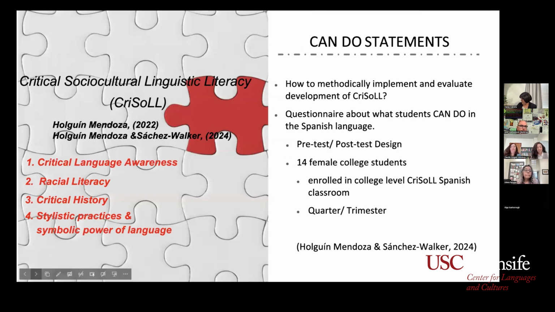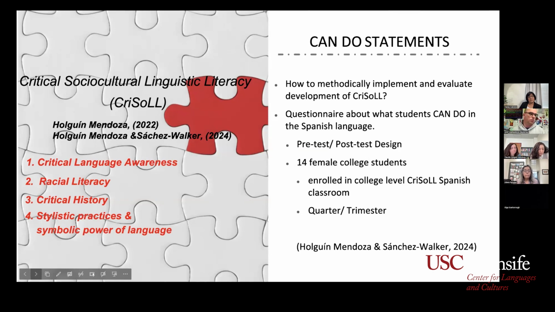And I'm very excited to share with you that this CRISL approach includes can-do statements that we have adapted from the ACTFL can-dos, but these are different, and I'll explain why.